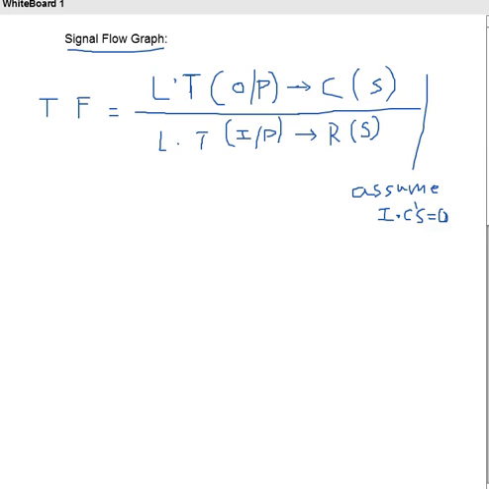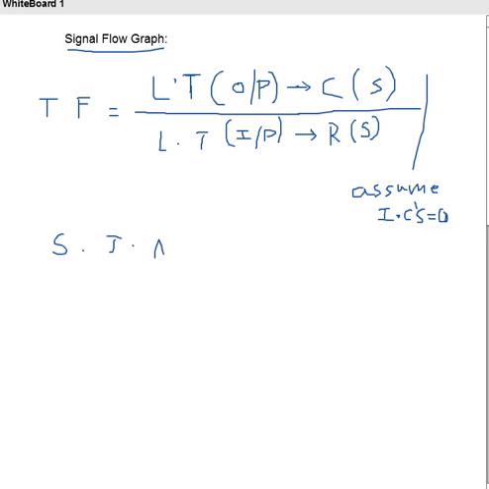For a complex control system, it is difficult to reduce. So in order to address these disadvantages, signal flow graph is the alternative method, which was developed by S.J. Mason.